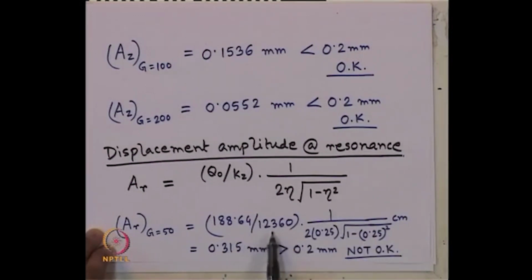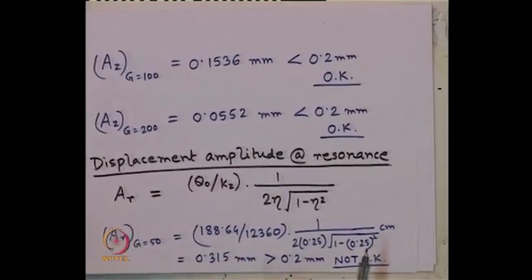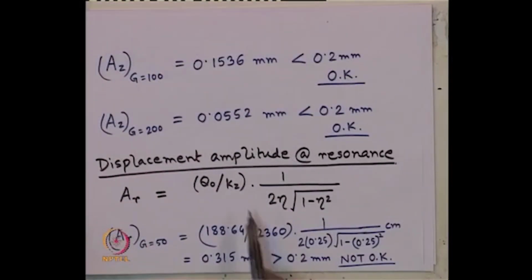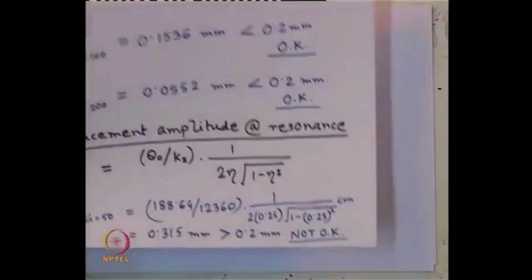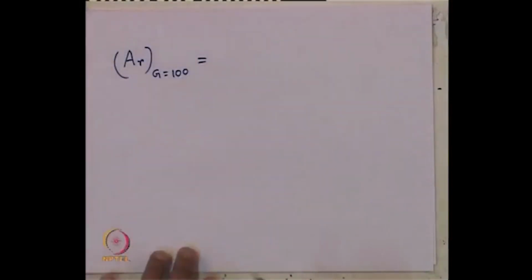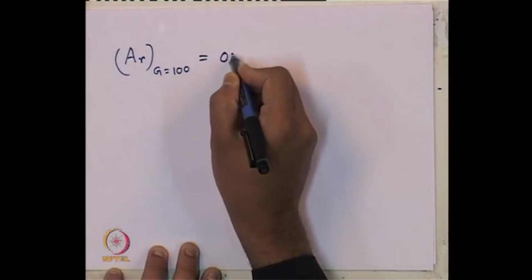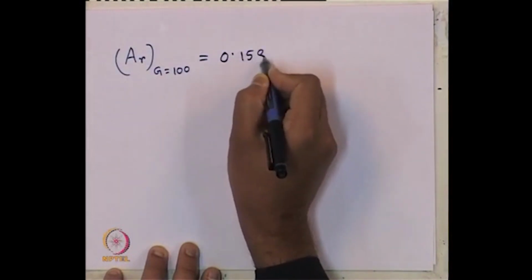So, only change is in Kz value, and Kz value is linearly increasing as G is increasing. For 100 it will be double. So, the magnitude will be half, right.